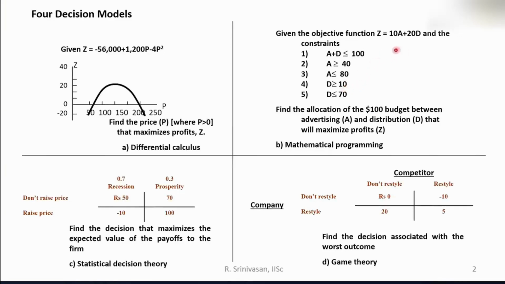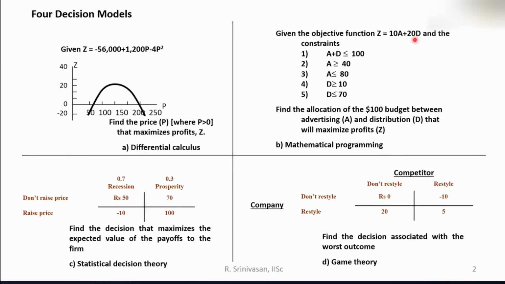So 10a plus 20d, how much should you get? You may find that by putting different values, you may easily come to d less than or equal to 70. You may ask how much money I should put on d and how much money I should put on a to maximize the profit. Suppose I put, let us say, 40 on this and 60 on this.